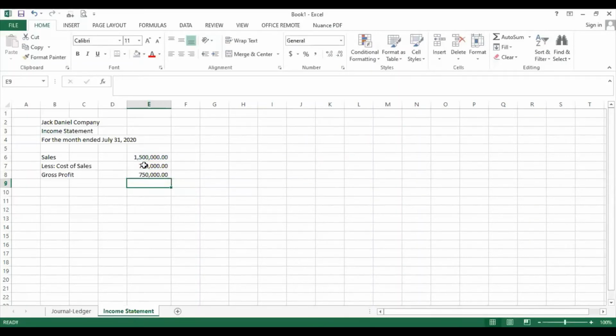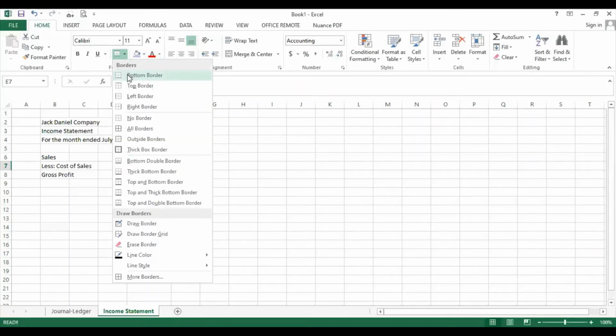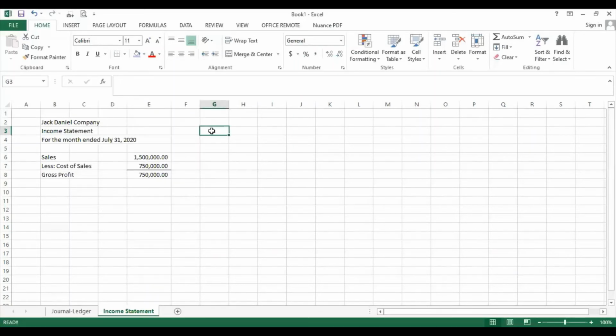So you have a gross profit of 750,000. So we'll have to put a border here and click bottom border. So we now have the gross profit portion.